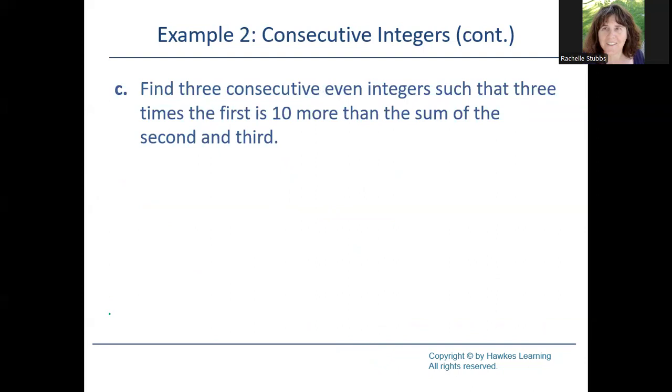Find 3 consecutive even. So here we have consecutive, but they're even. Now, it didn't matter if they were even or odd. They're still going to be n, n plus 2, and n plus 4, aren't they? Such that 3 times the first is 10 more, so I'm going to add 10 to it, than the sum of the second and third.